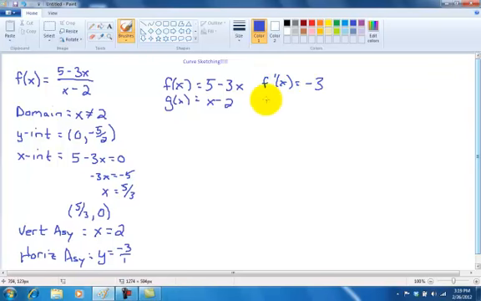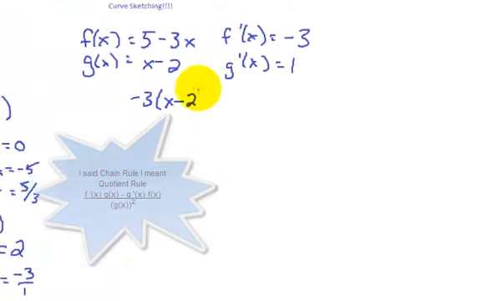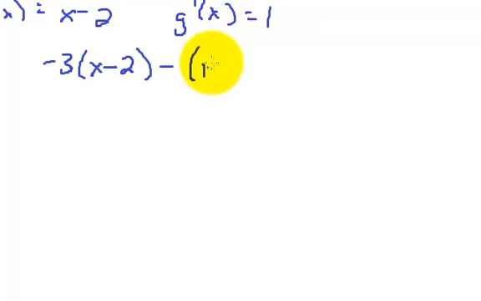Take the derivative of the top, take the derivative of the bottom, then I plug it into my chain rule, which says f prime times g minus g prime times f, all divided by g squared.